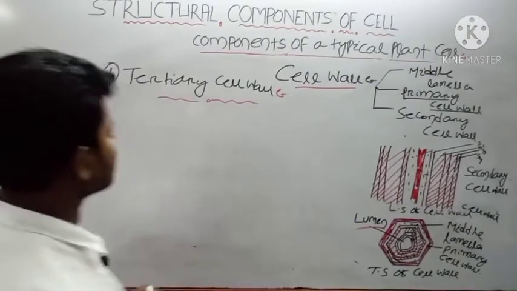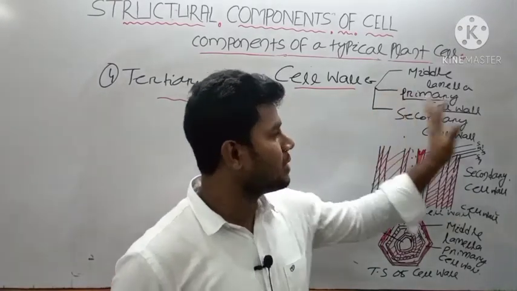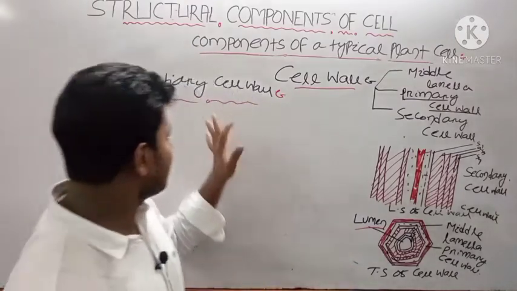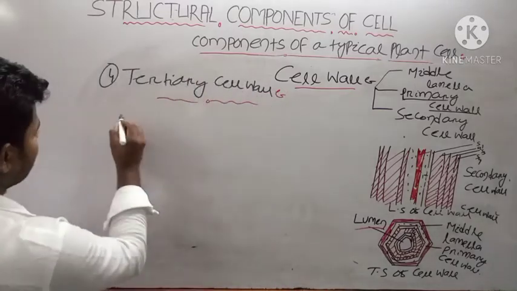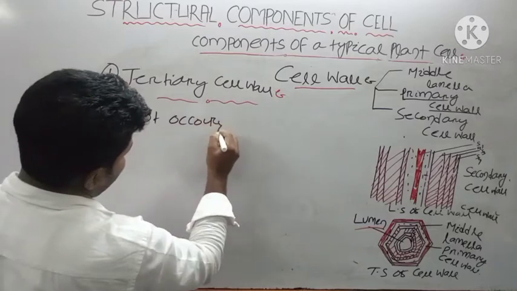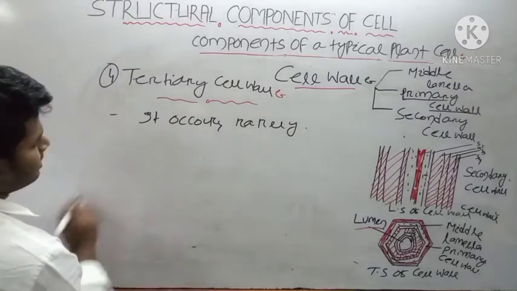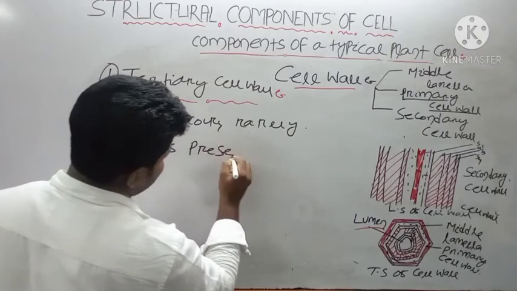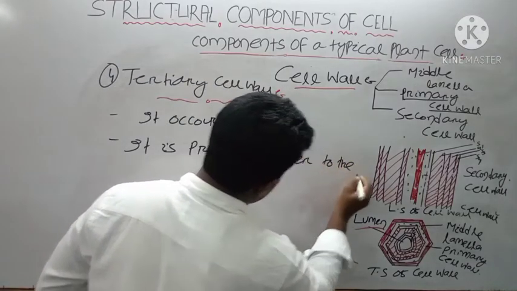Okay, next one is your tertiary cell wall. We know that the cell wall is divided into three types: middle lamella, primary cell wall, and secondary cell wall. But in some cases, you can find the tertiary cell wall, which occurs rarely, and it is present inner to the secondary cell wall.